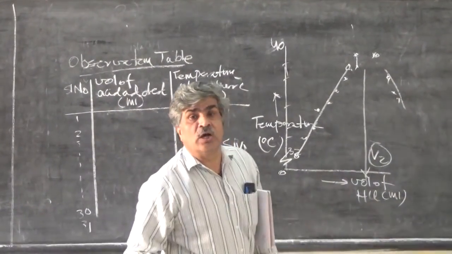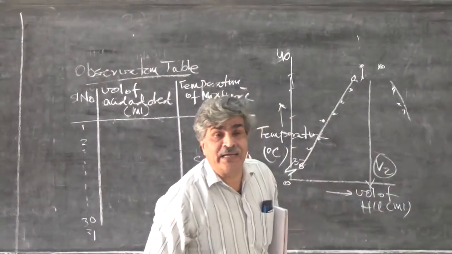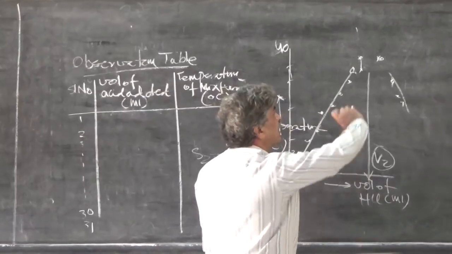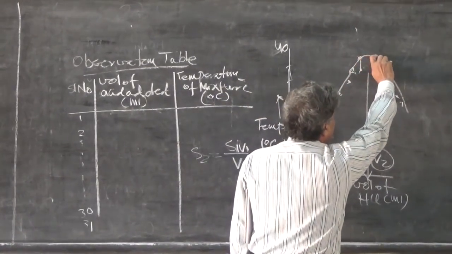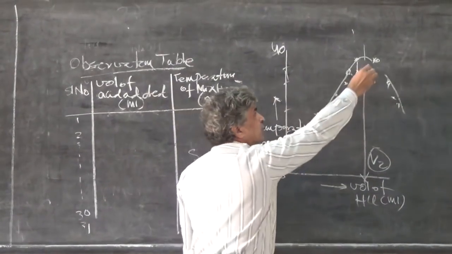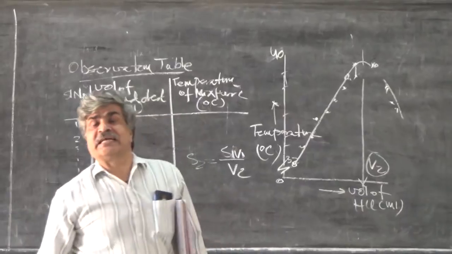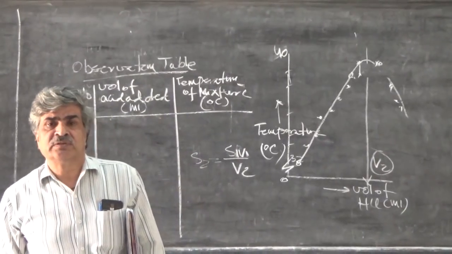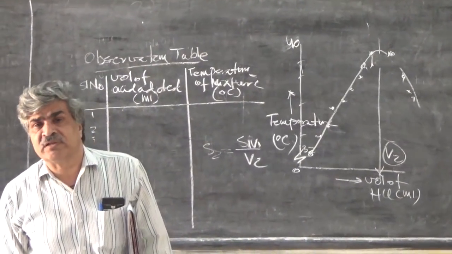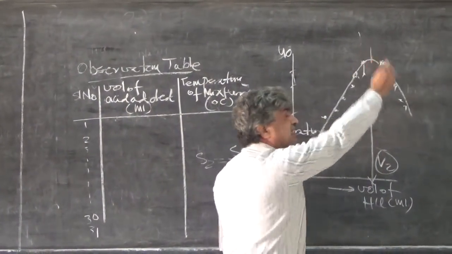I told you that you have not to join the points, you have to draw a freehand graph like this. So we get this highest point; to come to it, we will have to descend from somewhere. Then the highest point on the graph is taken as the equivalence point.